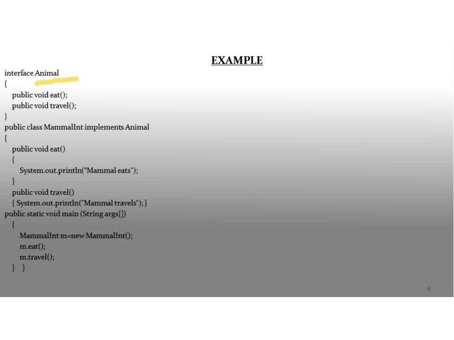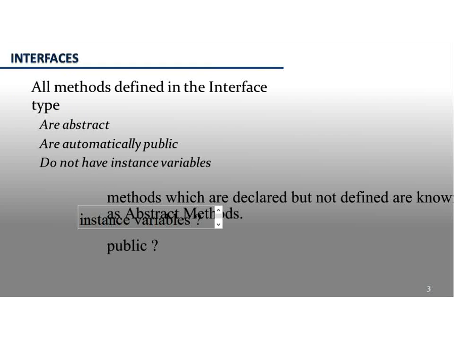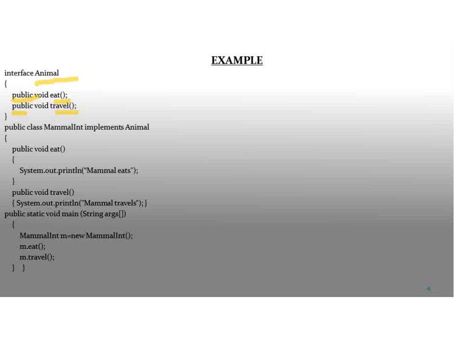Now see this example. Here we have an interface called animal. And two methods are defined inside this. They are public in nature. And the names of these methods are eat and travel. So, as we have discussed, they are automatically public and they are abstract.